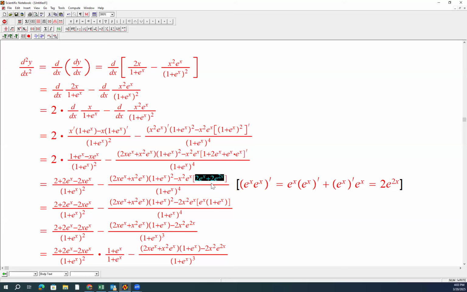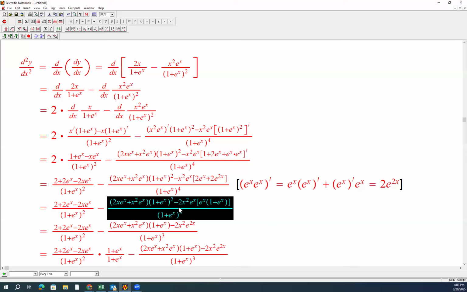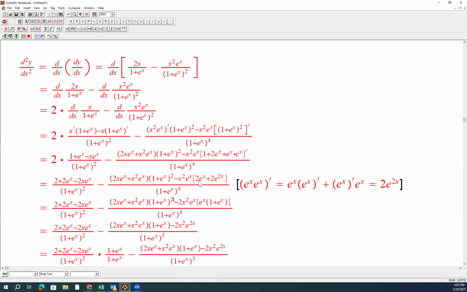And on the next step, nothing else changed. Okay, we didn't change anything here. Nothing changed. We only have factored out e to the power x from this bracket. So we get a 1 plus e to the power x. The 2 is factored out, it's placed in the front.